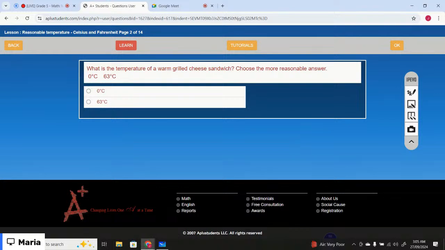What is the temperature of a warm grilled cheese sandwich? 0 degrees C or 63 degrees C?